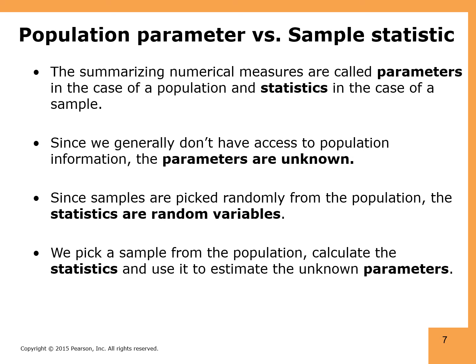So the sample mean or sample average, which is called a statistic, is random, and it's a random variable. In short, we pick a sample from the population and calculate the statistic, in this case, the sample mean, and use it to estimate the unknown parameter, in this case, the population average.